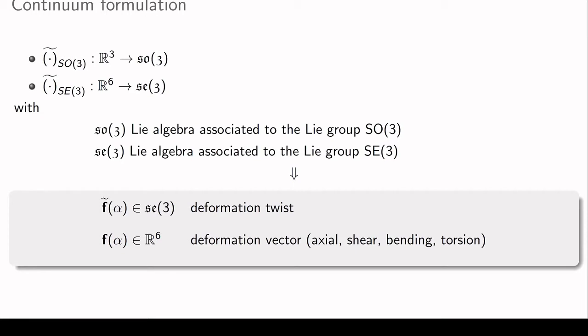And in this case, the vector of deformation is composed of all the components of the deformations: the axial deformation, the two shears, bendings, and the torsion.